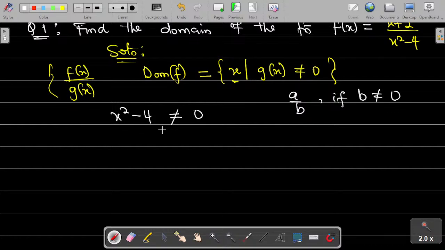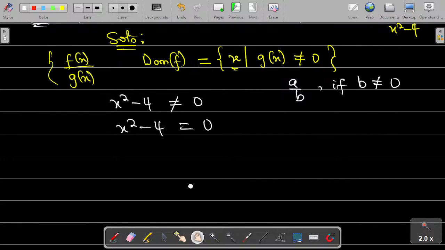0. And in that case, if I solve, I can go this way. I can decide to say, let my x squared minus 4 be equal to 0. So I'm going to solve this equation, and any value of x that I will get here should not be part of the domain. That's actually what that means.